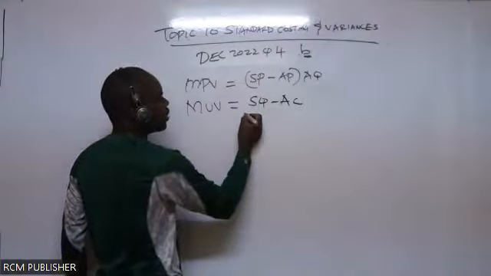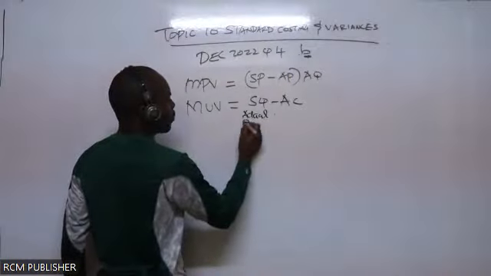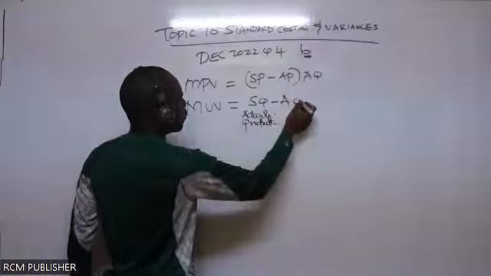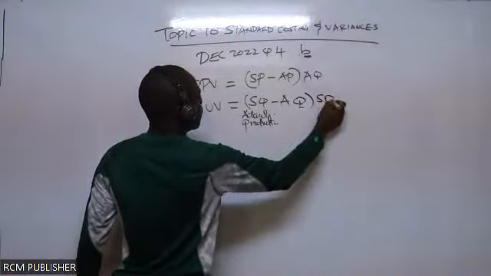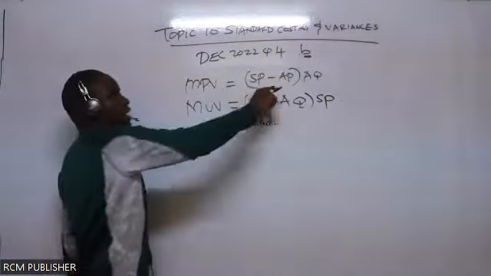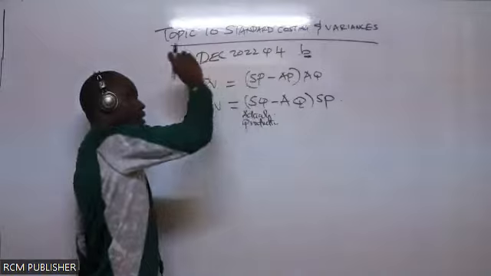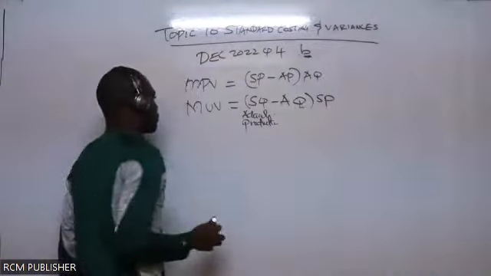Standard quantity in actual production. Don't forget that. Then actual quantity multiplied by the standard price. Actual price, as you can see, is only used when we are comparing prices. Any other thing, you are going to use standard price.